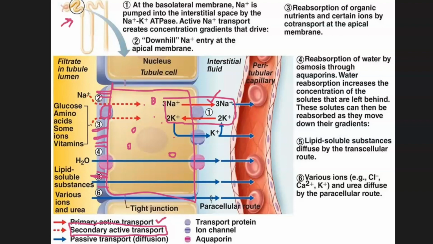Number 3, co-transport protein. That is diffusion of sodium ions into the epithelial cells from the filtrate, and along with this, 100% glucose and 100% amino acids are reabsorbed. Not a single molecule is present in the filtrate or later in the loop of Henle.